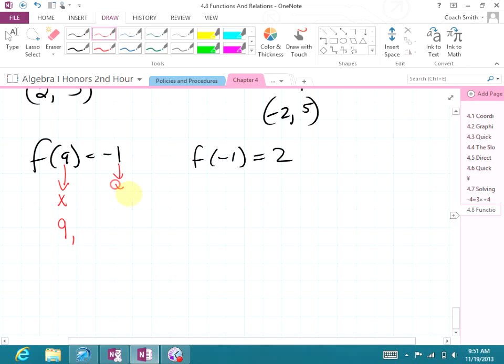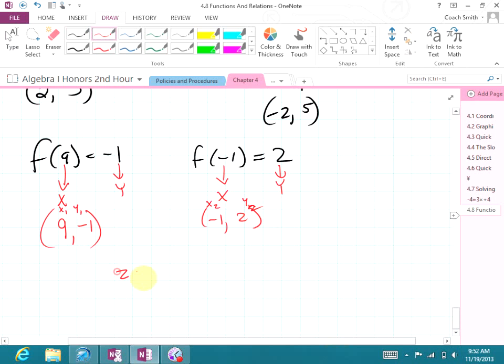This is the y value, that's negative 1. So there's your coordinates. This is your x, negative 1. This is your y, positive 2. Now I just plug those into my slope, and we'll say this is x1, y1, x2, y2.